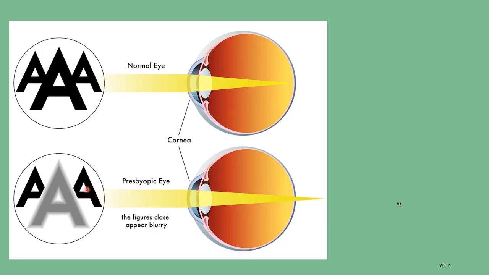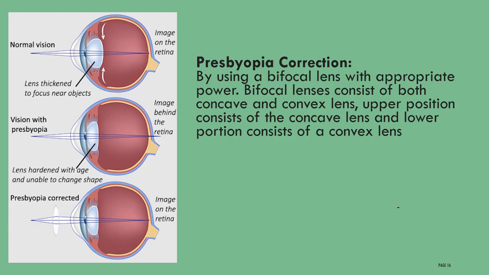Already I explained presbyopia may be a condition of myopia and also hypermetropia. Both the conditions you can see here in the case of presbyopic eye. Presbyopia correction by using a bifocal lens with appropriate power.